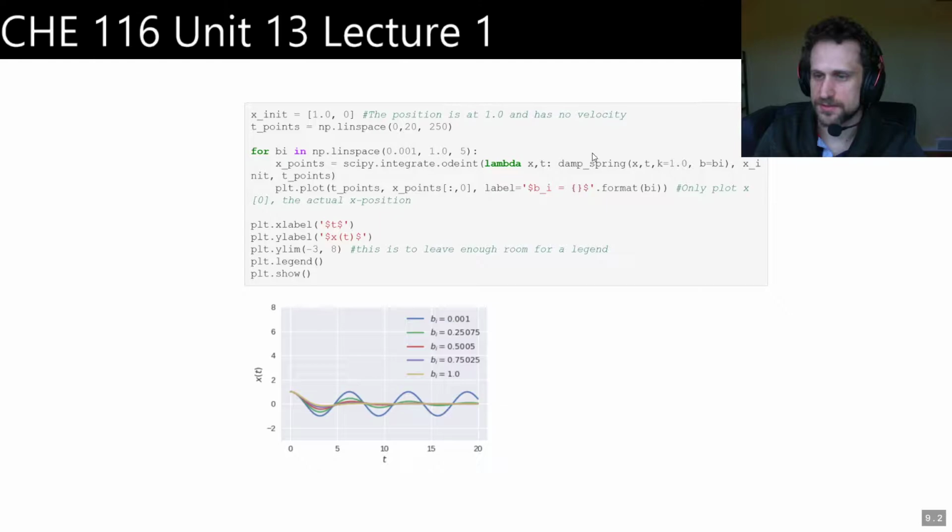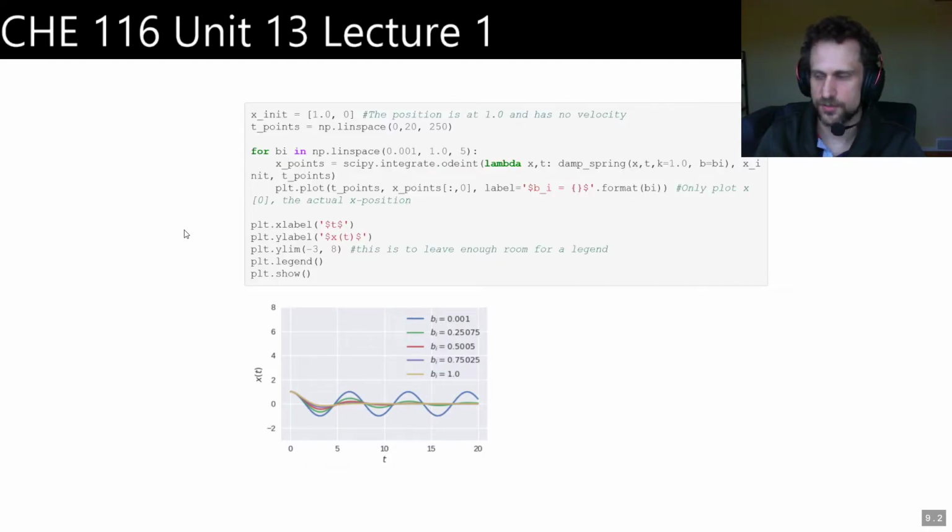It calls the damp spring, but it changes what the b argument is to bi. So inside of this for loop, we're going to change bi over time. I wrap in a lambda this original function and just change what b is here. Everything else is the same from before, except in my plot, I add a label so that we can generate the legend at the very end.